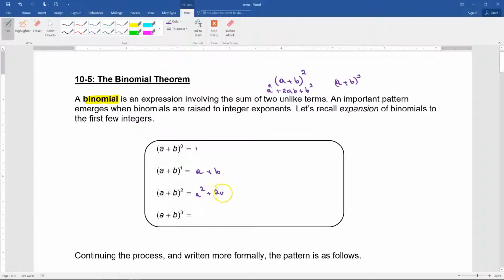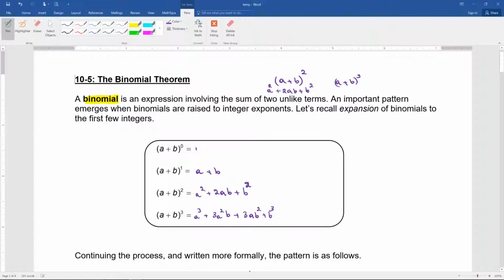A squared plus 2ab plus b squared. Well, what about a plus b cubed? Well, it turns out it's a cubed plus 3a squared b plus 3ab squared plus b cubed.